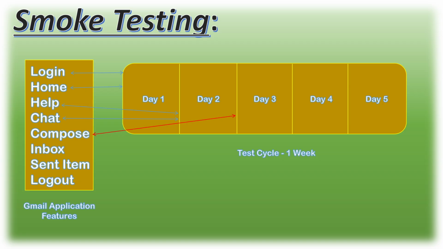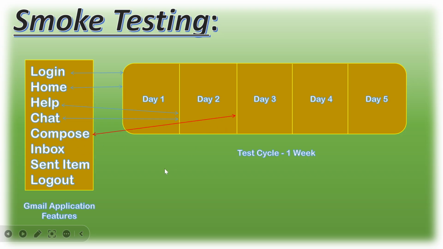First of all, we'll go for testing the first feature, like login. Next is home. In day 1 we have covered these, and in day 2 we have completed help and chat. But in day 3, while we are trying to test compose, we are getting a blocker bug.